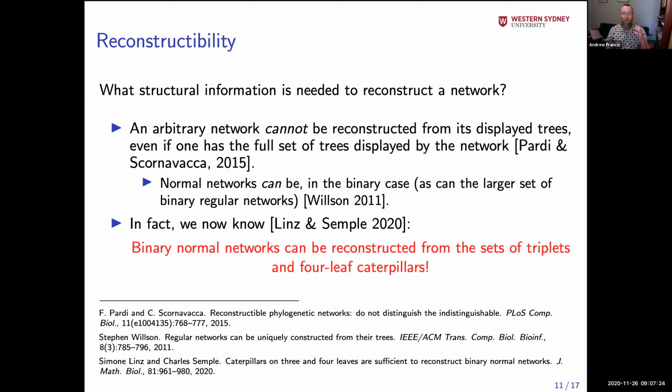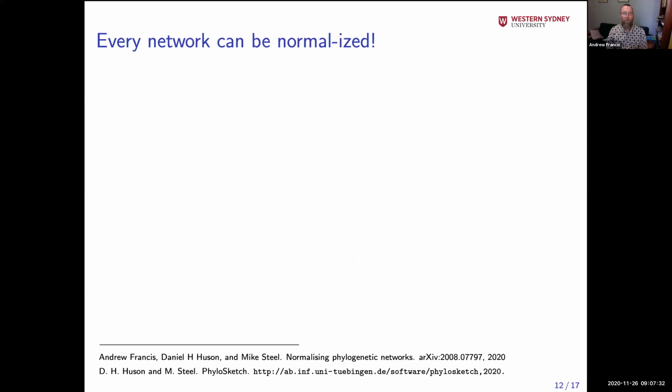Okay. So we've got identifiability and we've got reconstructability that are quite strong results, I think, for normal networks. And the last property I want to tell you about is a result in a preprint that Daniel Hewson, Mike Steele, and myself put up on the archive a bit earlier this year.